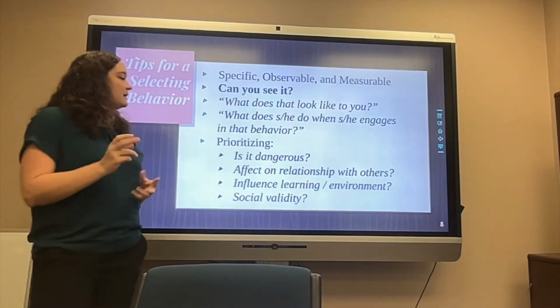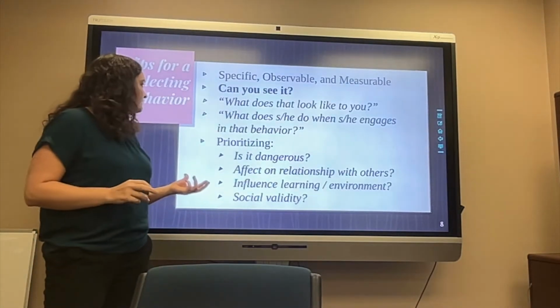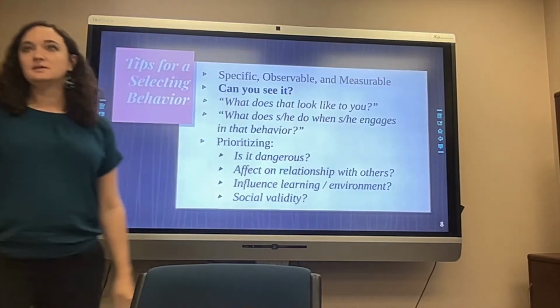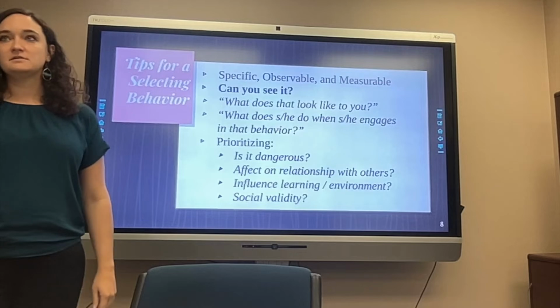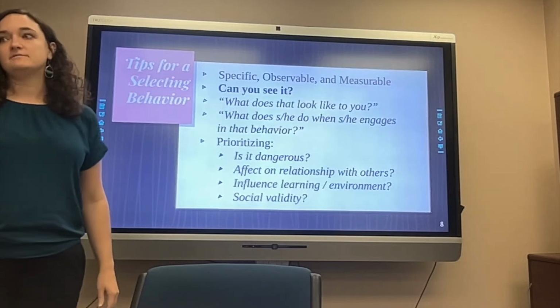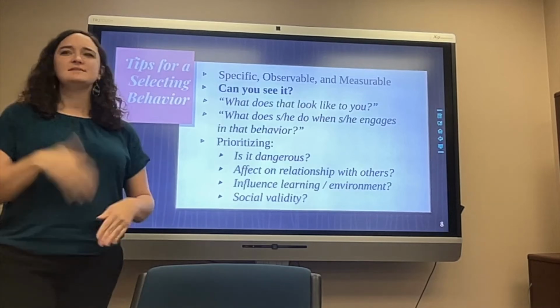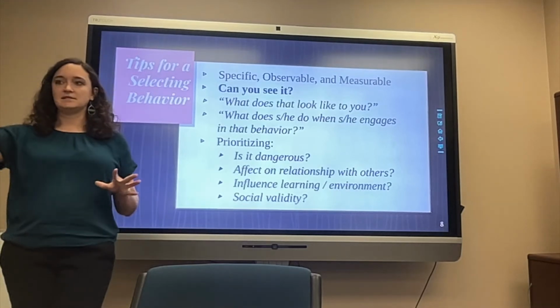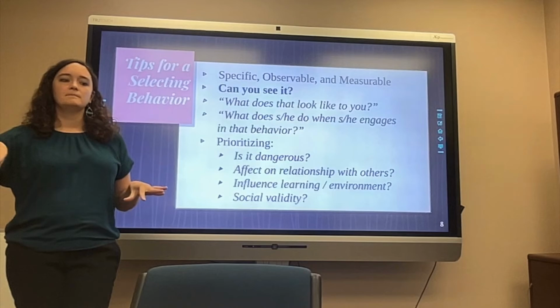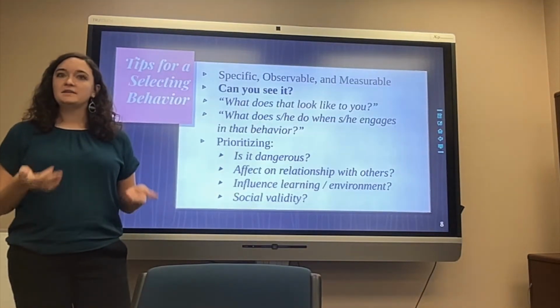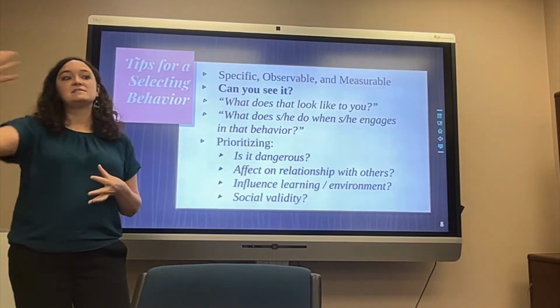And then if you're picking behaviors to reinforce or punish, behaviors you want to change, making sure you're prioritizing behaviors that are dangerous, that affect relationships with others, or influence the environment. So anytime you're picking a behavior to target, I see this a lot in schools too, and I think it translates here. Teachers will pick behaviors that are annoying, but they aren't necessarily as meaningful to change.